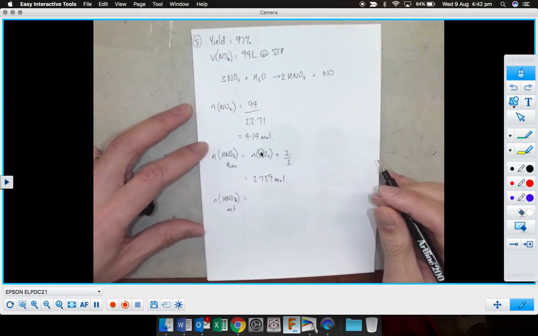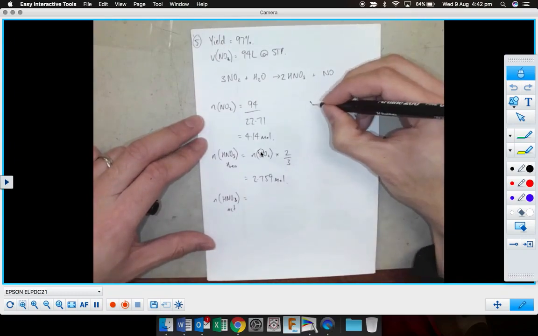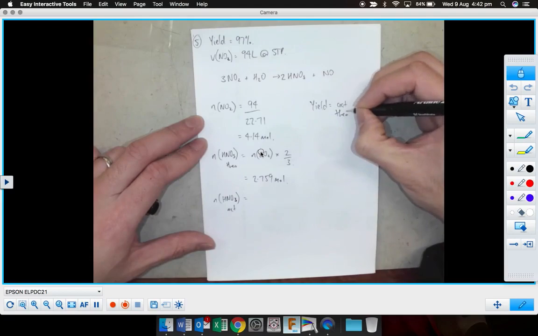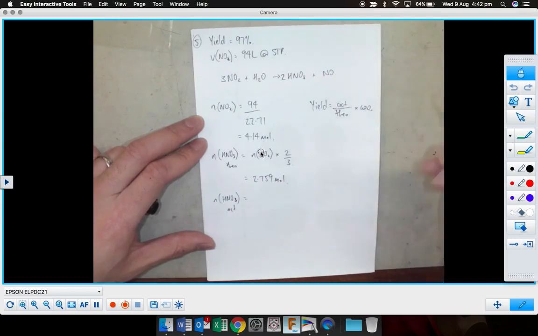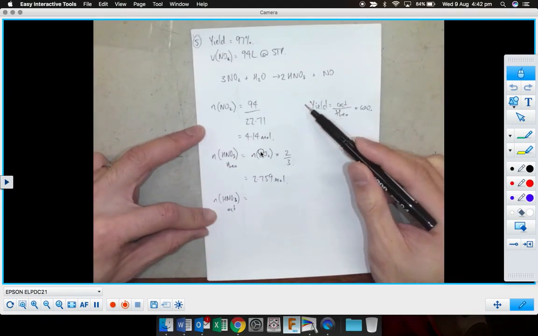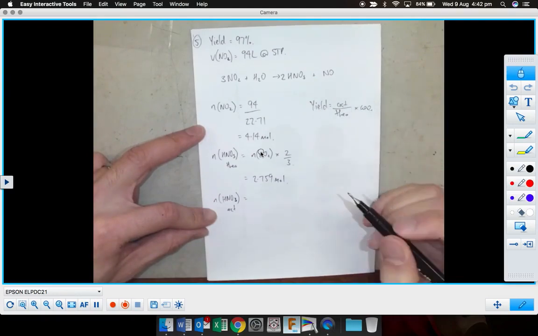So the yield equation rearranged, remember, yield is equal to actual over theoretical times 100. So now I want to find the actual. So I'm going to take the theoretical, times it by the yield, and then divide it by 100.